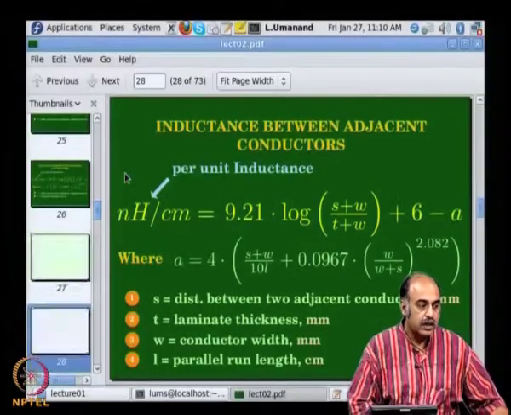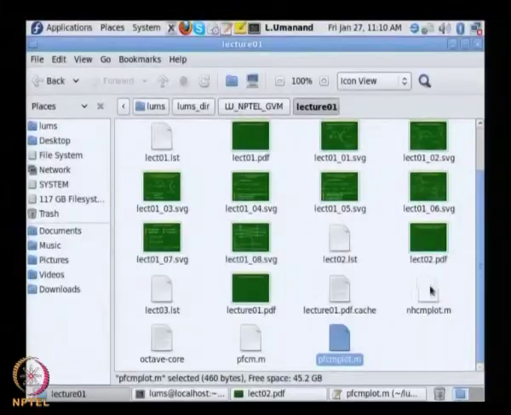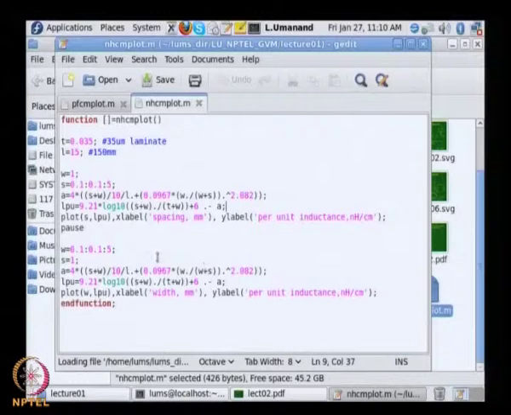So, just like we did for the capacitance, I have here for you another function called nanohenry cm plot, wherein we want to see what is the nomograph, or how the nanohenry per centimeter varies with the spacing between the conductors and the width of the conductors.